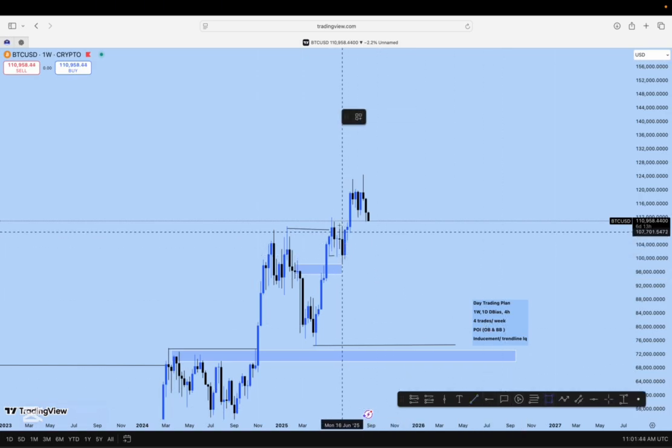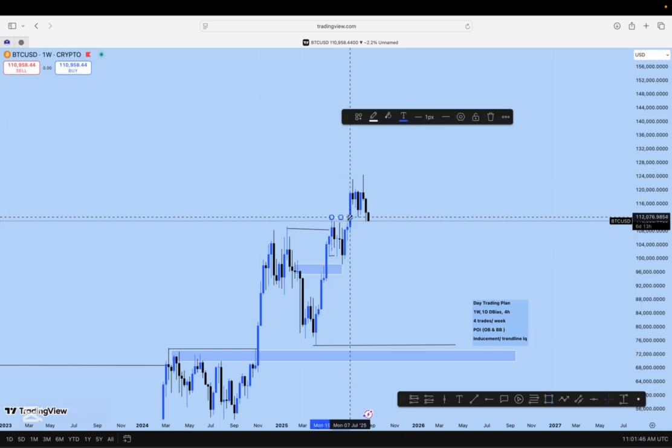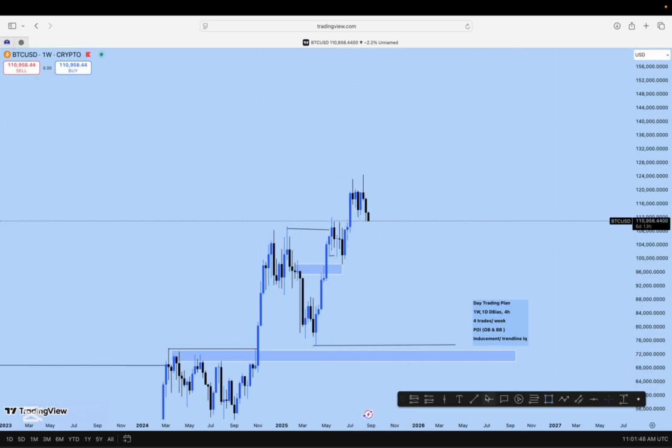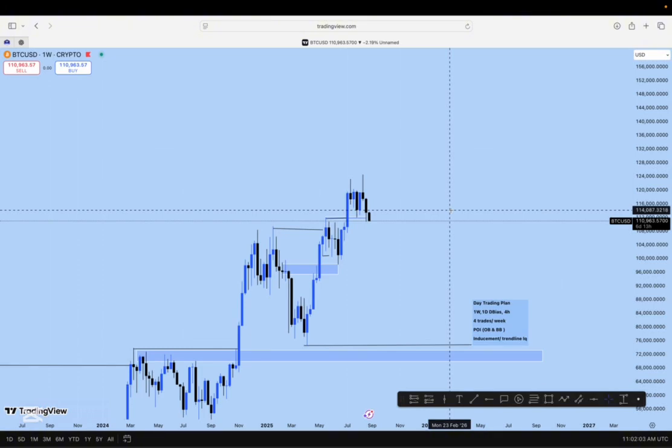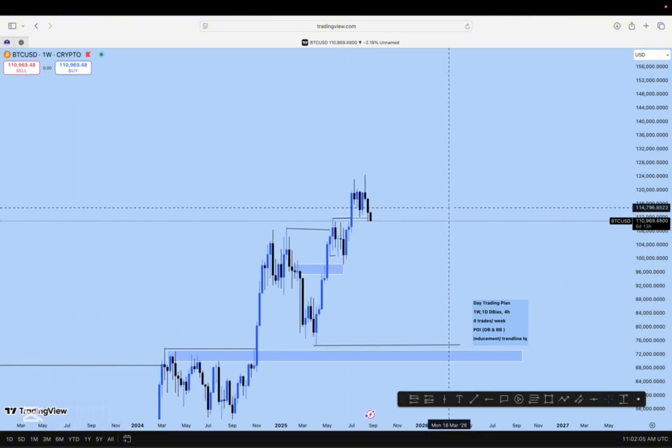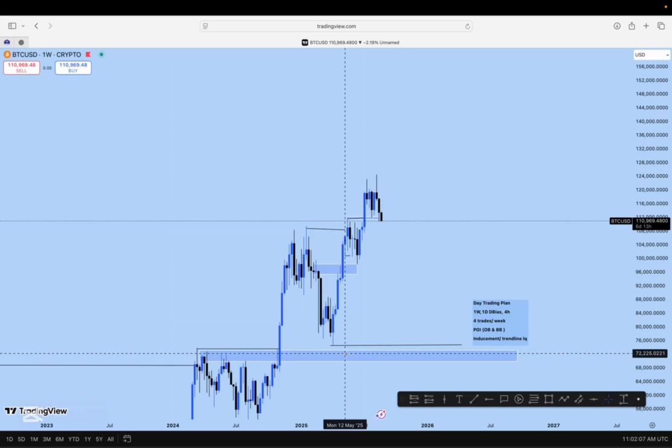Now what do we have? We also have a breakout structure here. And this breaker is respected. So it seems all the breakers are respected with the exception of this.